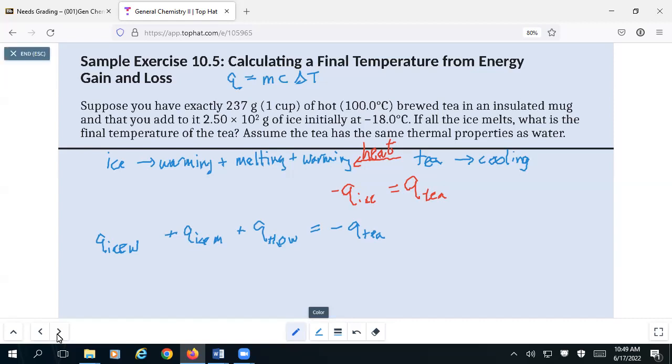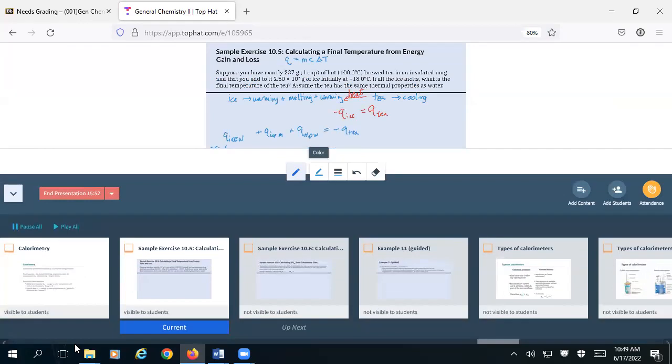So when it comes to these processes here, we know that we have equations for each of them. So for the ice, it would be its mass, 250 grams, times the specific heat of ice, which we're going to have to go back a couple of slides and get that.